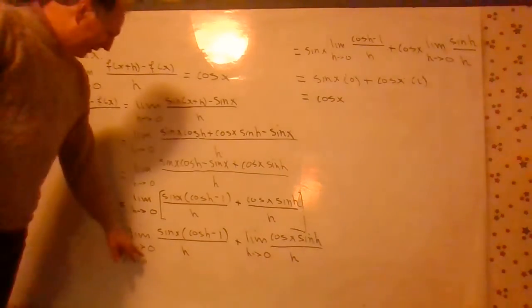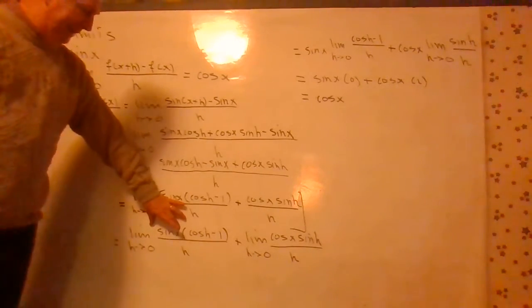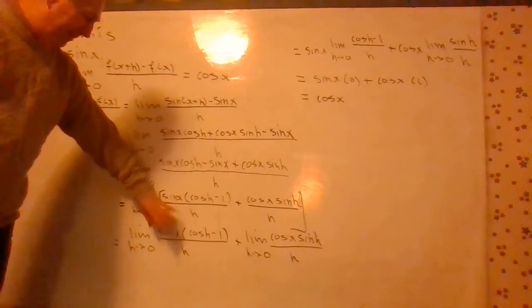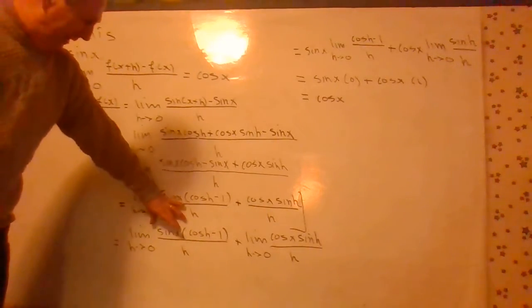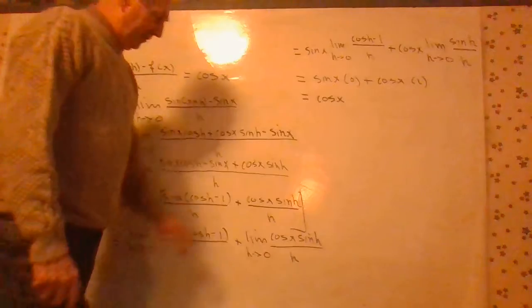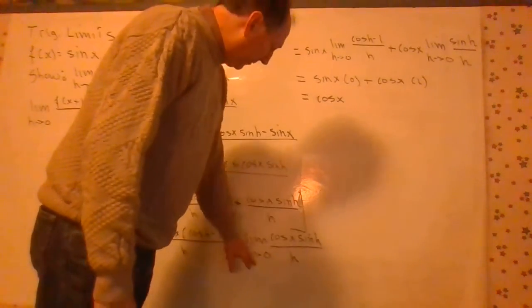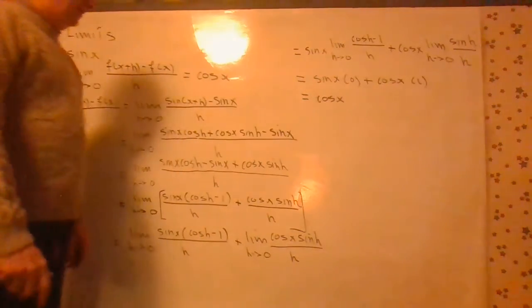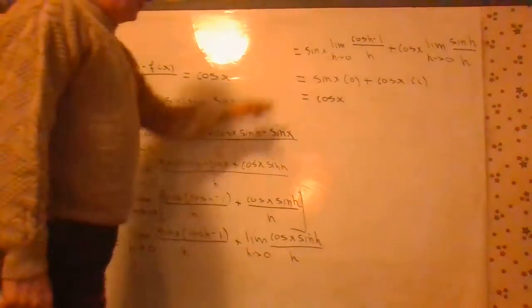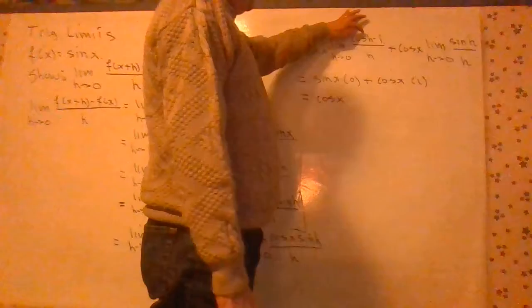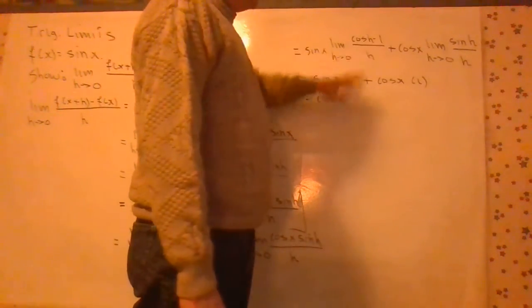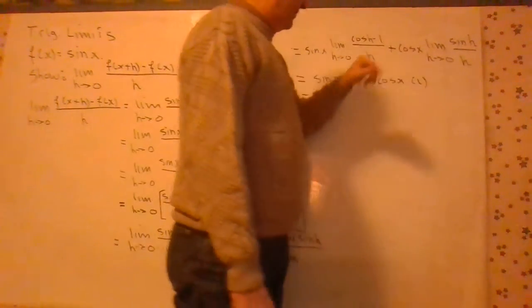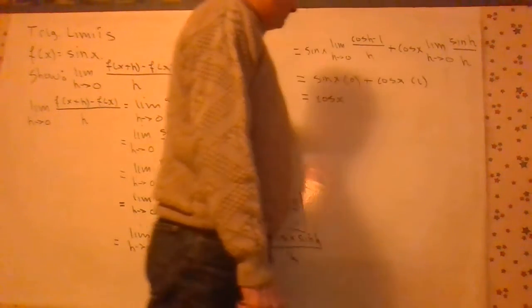And then notice, since h goes to 0, sine of x is really a constant. The x is not affected. That's no different than having a 5 here. And since cosine x is constant, the limit's all happening with h, you can factor cosine out as well. And that gives us sine x times the limit as h goes to 0 of cos h minus 1 over h. Same thing, cos x factored out, times sine h over h.